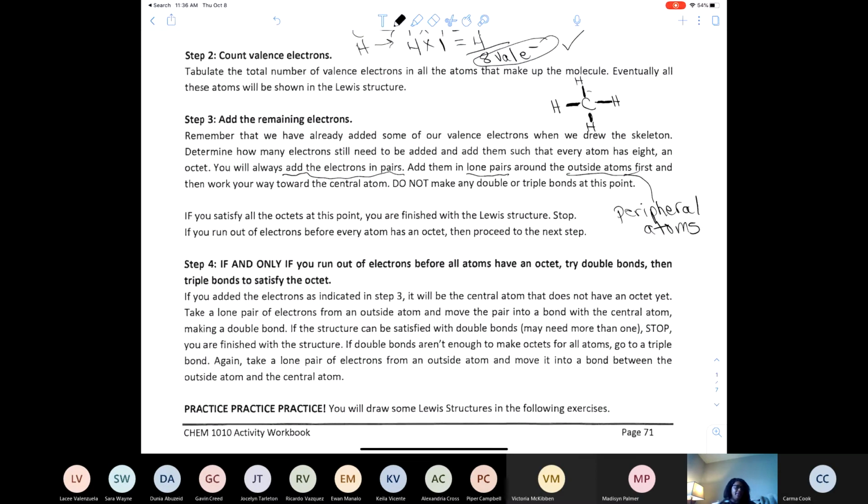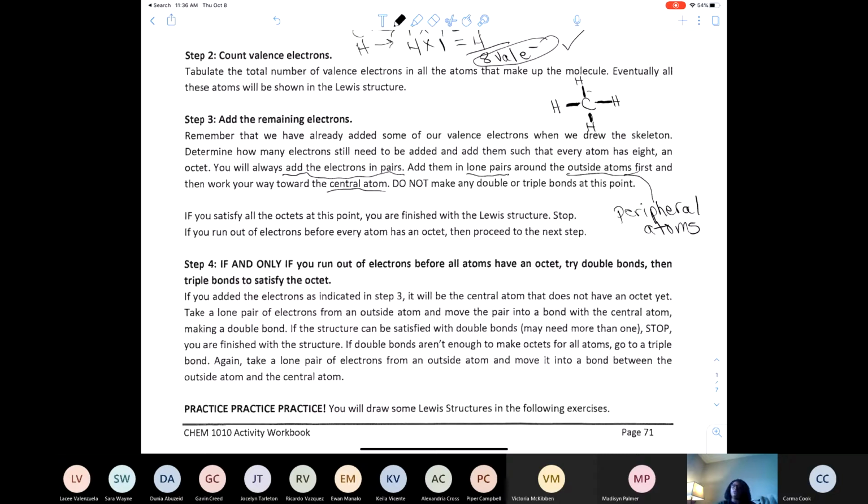And so once you've added the remaining electrons around the peripheral or outside atoms in pairs of 2, giving them a total of 8 around them, if you still have electrons left over, you'll put those lone pairs of electrons around the central atom.